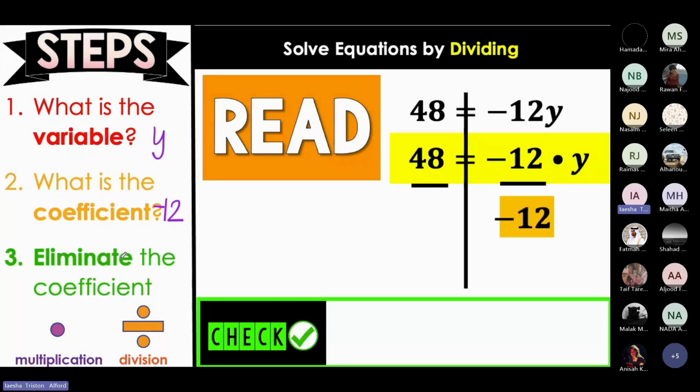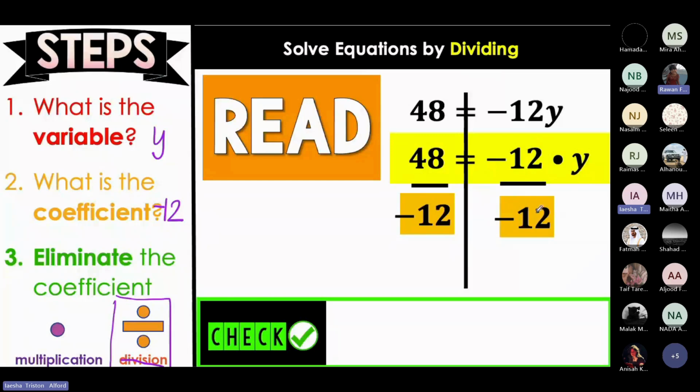Be careful about this negative, because a lot of people want to put positive 12. It's not positive 12, because this is not add. This question, we read it as multiply. So if we read multiply, we have to make sure that we are dividing. And when you divide, it must be the same number down that is up. If you have a negative 12 up, you should put a negative 12 down on both sides.